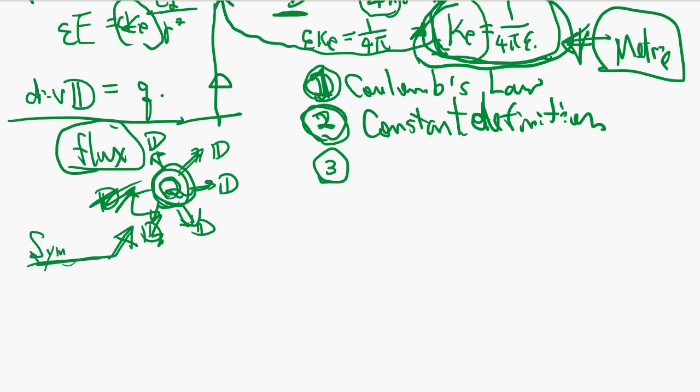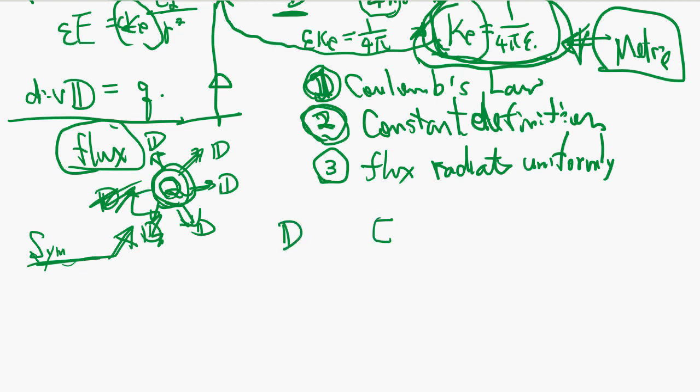The underlying assumption is that flux radiates uniformly. Okay, now what's the difference between D and E?